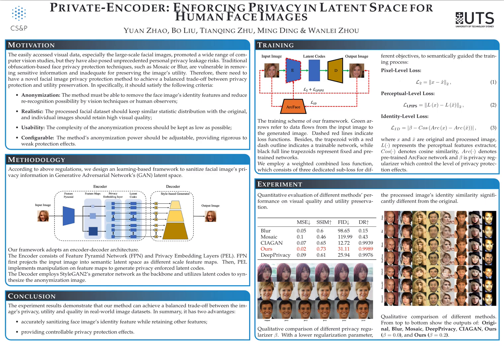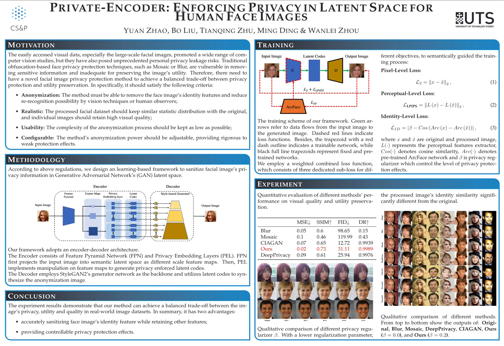We can see blur and mosaic represent the traditional methods, CIAGAN and DeepPrivacy are the state-of-the-art learning-based methods. MSE, SSIM, and FID are metrics used to reflect the visual quality of different methods. DR is the detection ratio. It is used to represent the usability of privacy protection, that is, the utility preservation. As we can see in the table, among these different metrics, our method achieved very good performance.